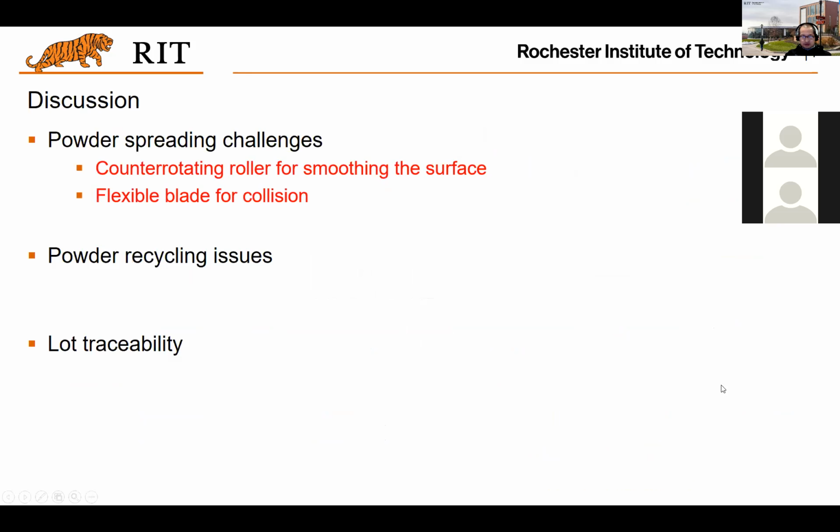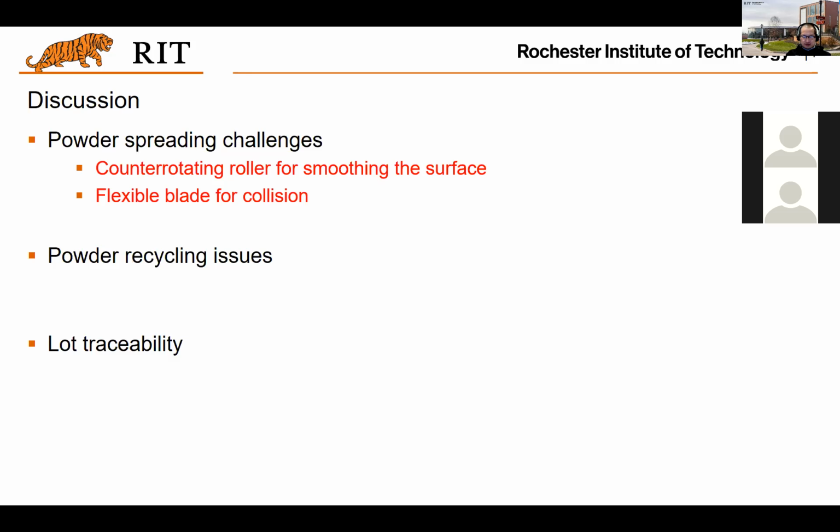So the powder is the key for this kind of process. And you want to look at the powder spreading during the printing process. First of all, the blade could have collisions when spreading the powder, especially since when one layer is printed, a spreading step is added.